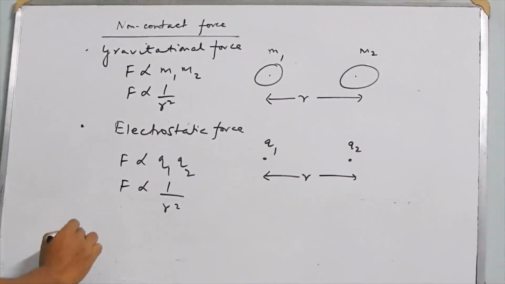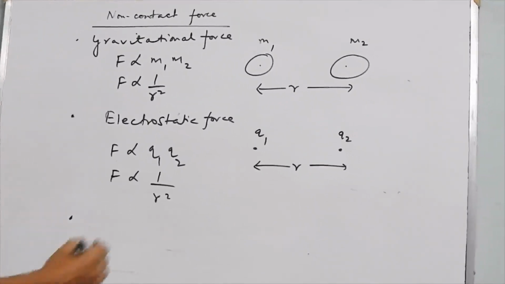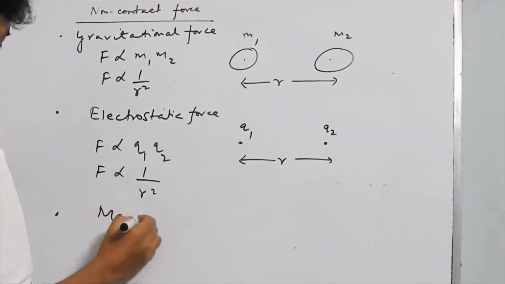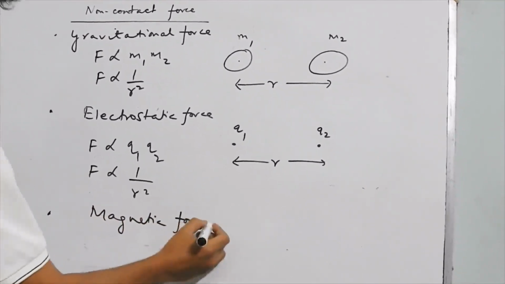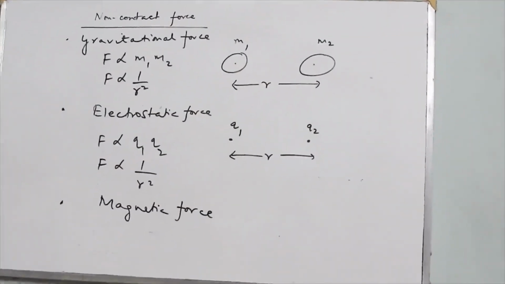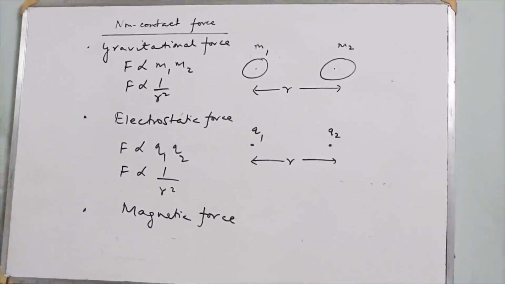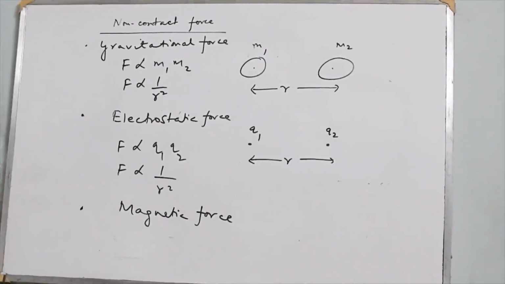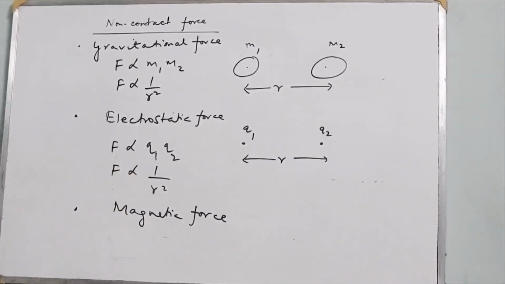A similar force is the force that exists between a pair of magnets, which is called the magnetic force. And the magnetic force is also similar to the electrostatic force. If there are two bar magnets and their separation is larger, the magnetic force will decrease.